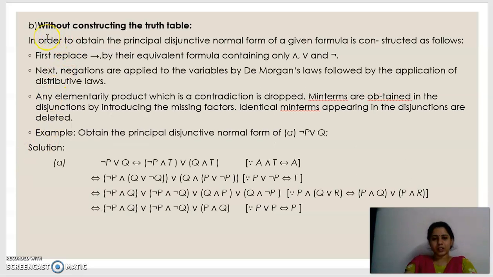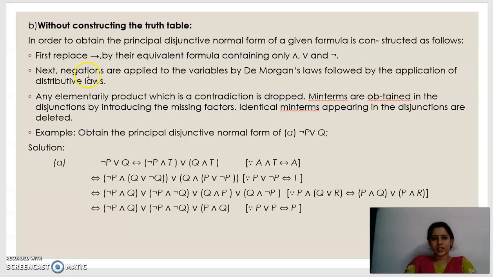And without constructing the truth table, how to construct the principal disjunction normal form is: the first step is to replace a conditional by the equivalent formula which contains and, or, and negation. Next, if you can apply De Morgan's law or the distributive law, please apply them.